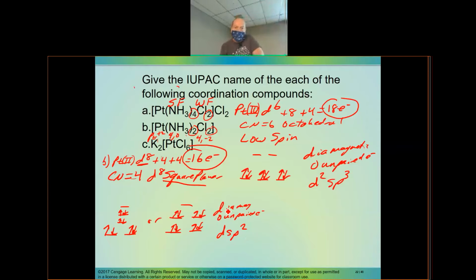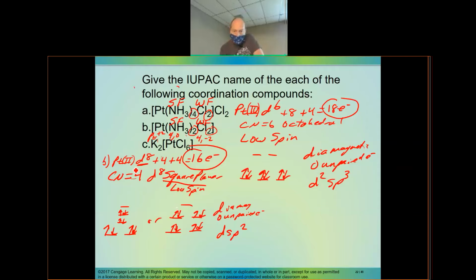NH3 is a strong field ligand and Cl is a weak field ligand, but that doesn't make any difference. It's square planar, it's low spin. If they were all chlorines, it wouldn't make any difference. It's square planar, it's low spin every time. It's always low spin.